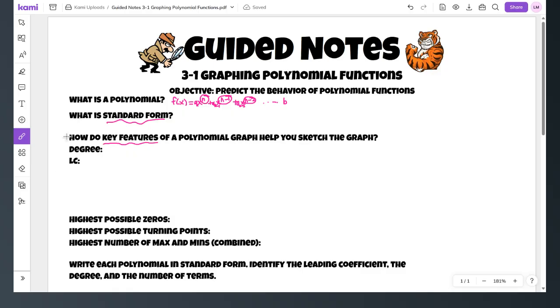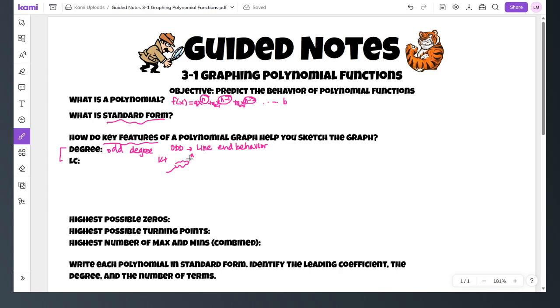So there are important things. These two kind of go together, the degree and the leading coefficient. If the degree is odd, it's going to act like a line does with its end behavior. So let's talk about odd degree, and the degree is the highest power of x. If it's an odd degree and the leading coefficient is positive, it's going to act like a line with positive slope.